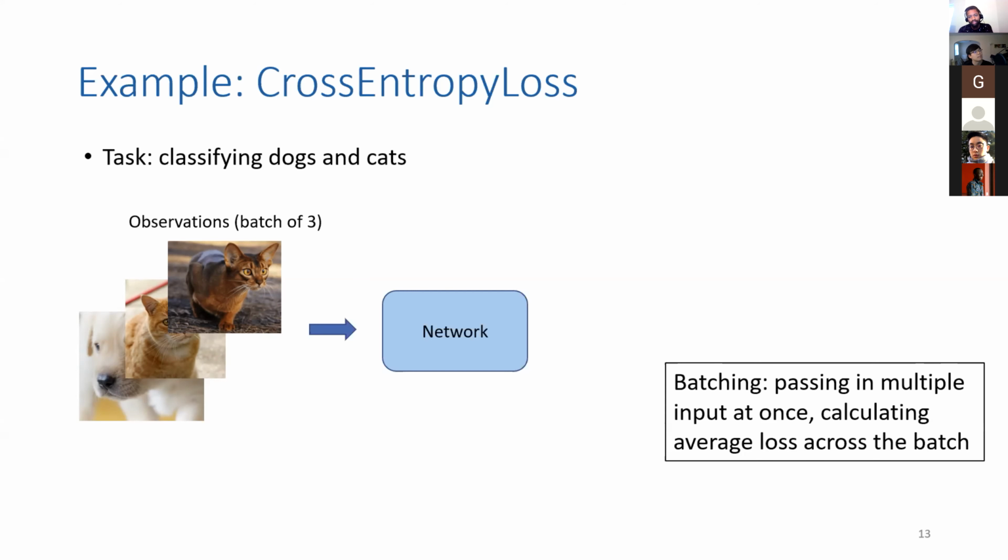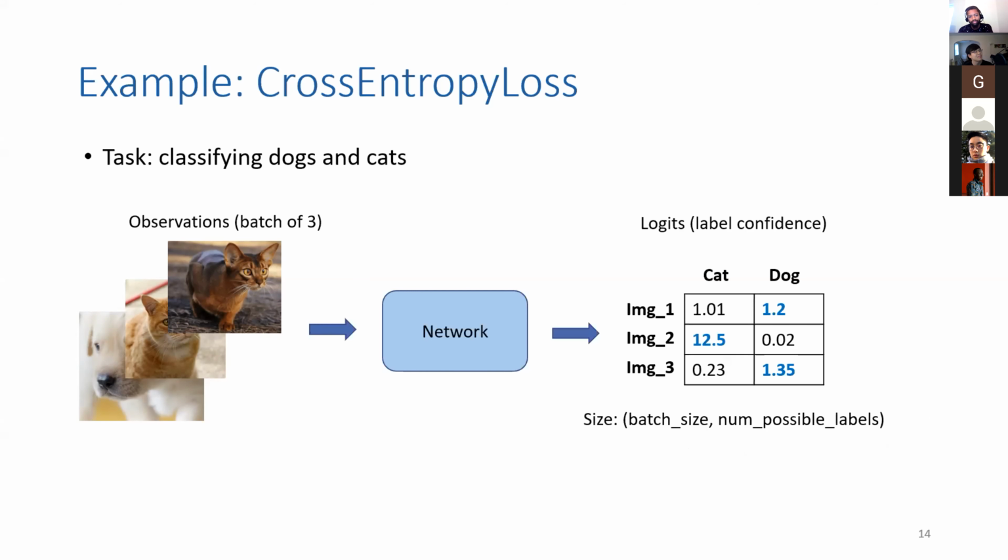And those are the observations on the left. Then the network generates what we call logits, which are unnormalized confidence in each label. If you look at the top row over here, this number represents the network's confidence that this image is of a cat, image number 1, which I've labeled over here.